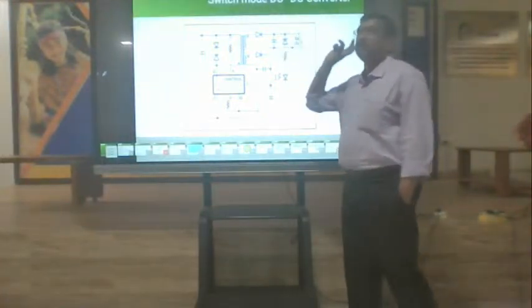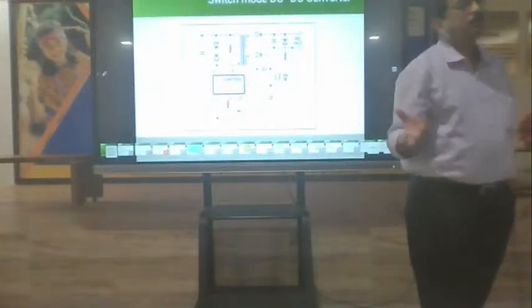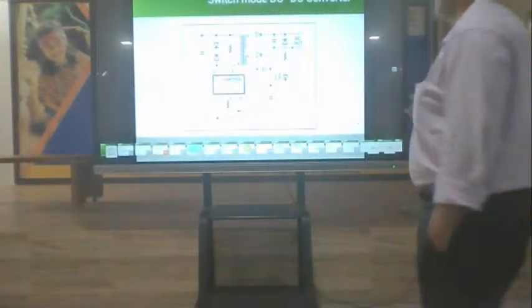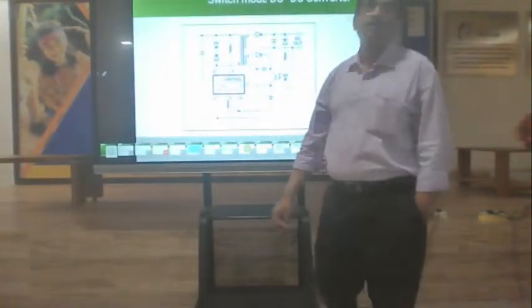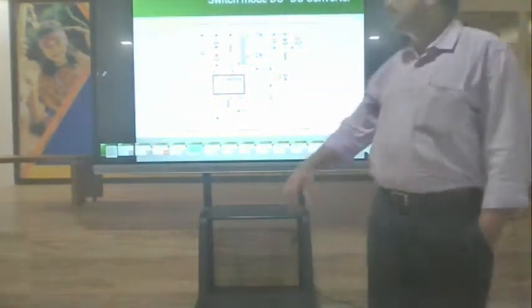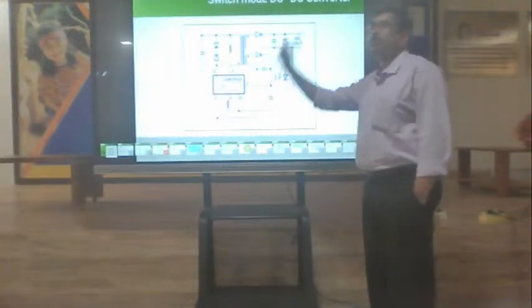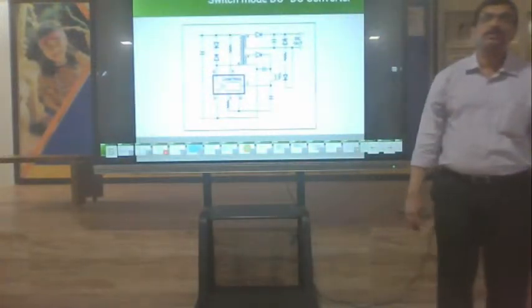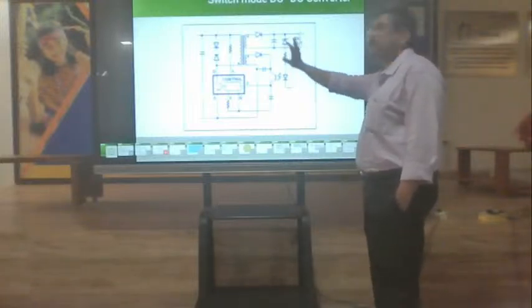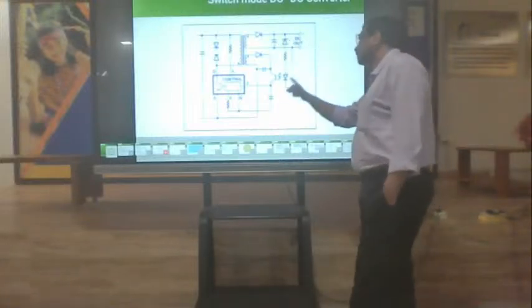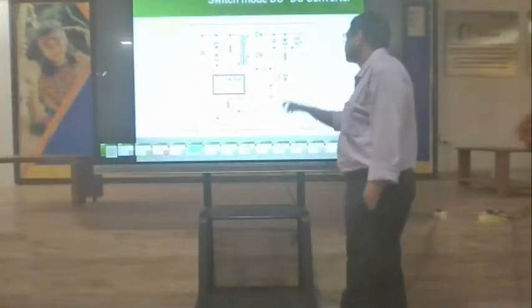Once this reaches the set voltage, say I set this at 12 volts, how does the feedback circuit sense 12 volts? I will be using a 12 volt zener. Till the output reaches 12, it keeps on increasing.